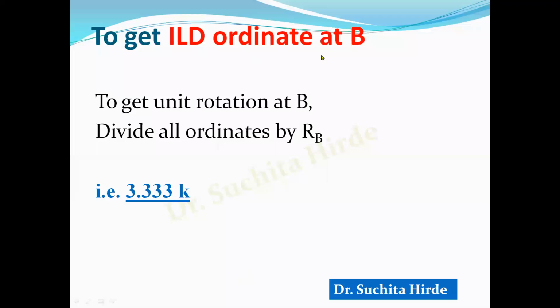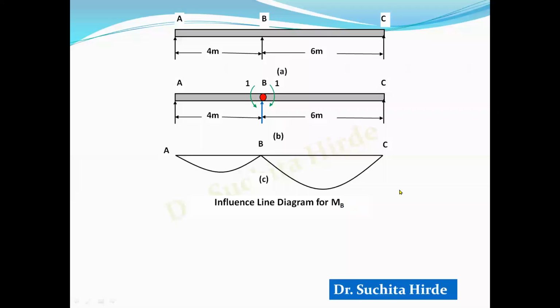To get unit rotation at B, we have to divide all the ordinates by RB, and RB is 3.333 K. Now to calculate these ordinates at 1 meter interval, we will substitute x equal to 1, 2, 3 and 4 to get these ordinates of bending moment.